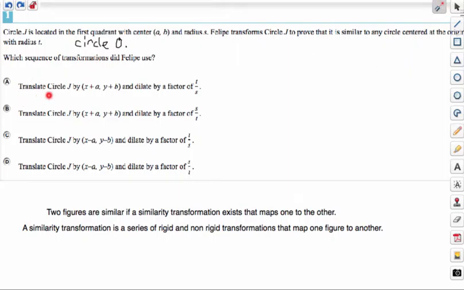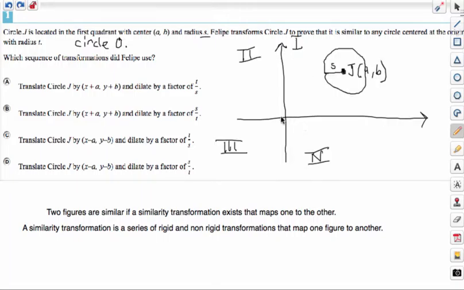So the question says, which sequence of transformations did Felipe use? You can just go through each possibility and see if it works. It's helpful to draw a picture of the situation. So let's draw circle J in quadrant 1.